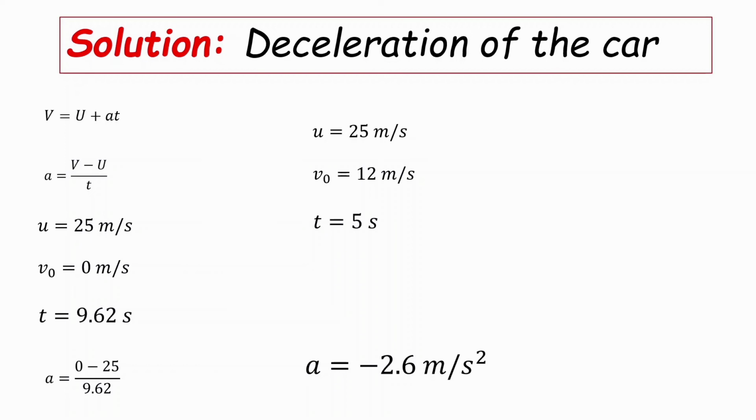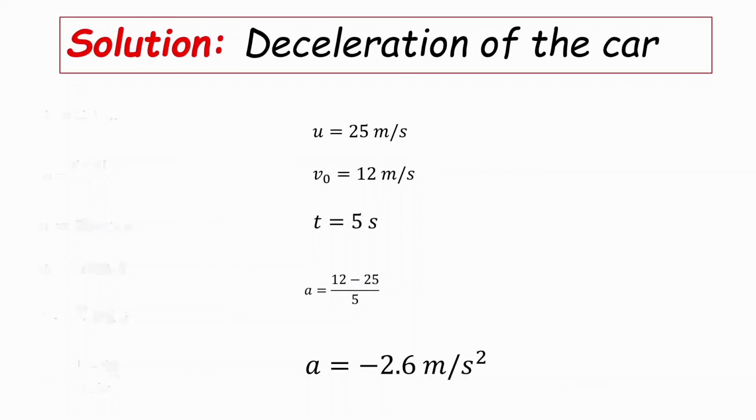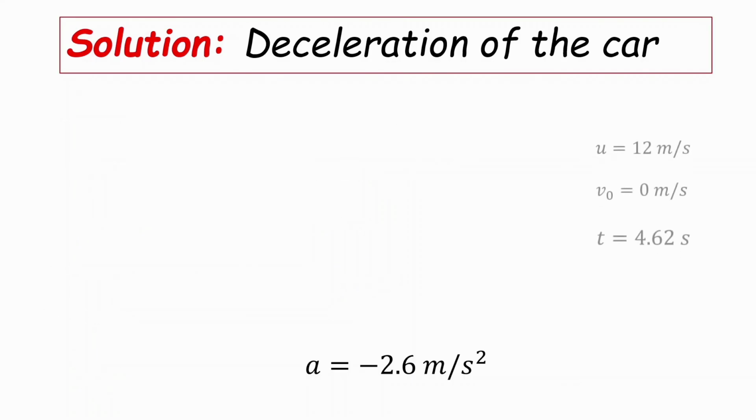However, we can choose to use other aspects of the problem. We can use our initial velocity of 25 meters per second, and our final velocity this time is 12 meters per second, but the time it took for the vehicle to get to 12 meters per second is 5 seconds. If we use these variables to estimate our acceleration, we as well get minus 2.6 meters per second squared. Some other person can say, no, I'm not interested in these variables.